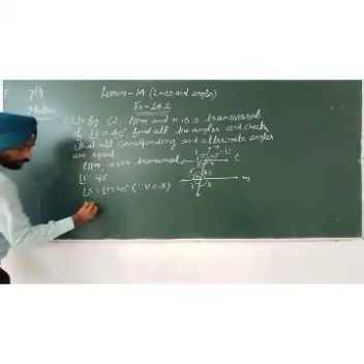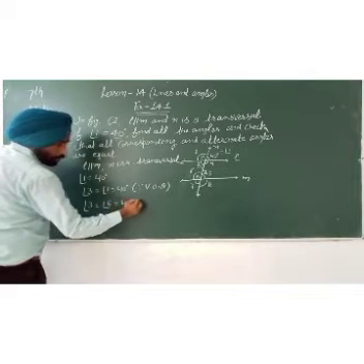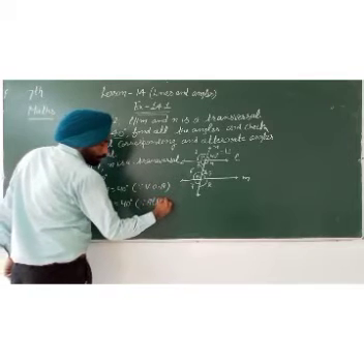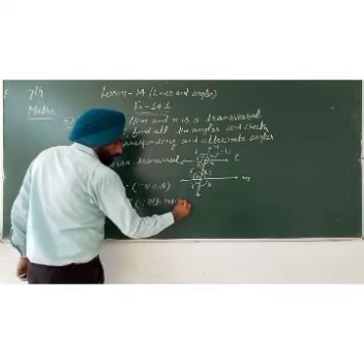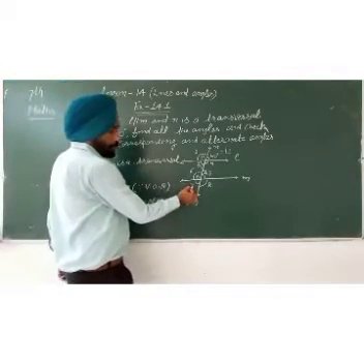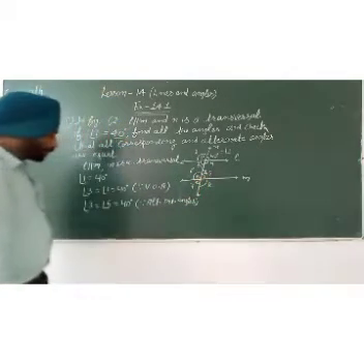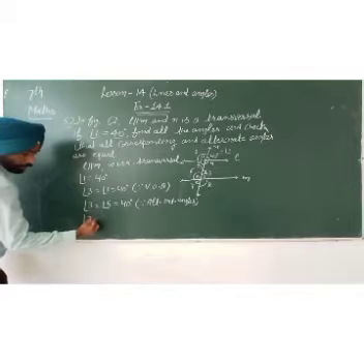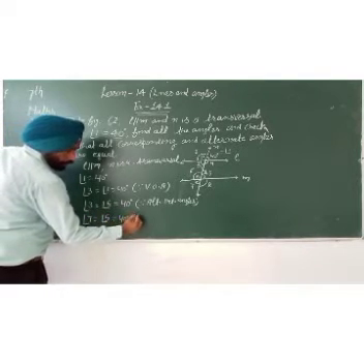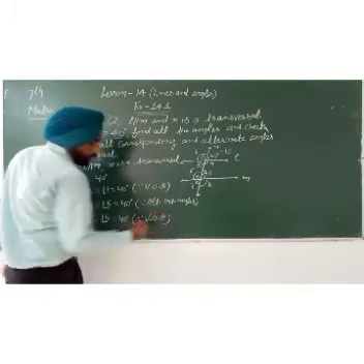So angle 3 is equal to angle 5 is equal to 40. Why are they equal? Alternate interior angles. And 7 is vertically opposite of 5. So 7 is also equal to 5, equal to 40. They are also vertically opposite angles. Clear?